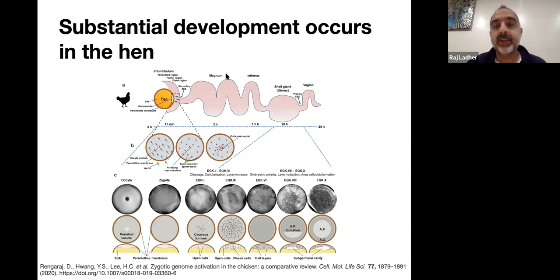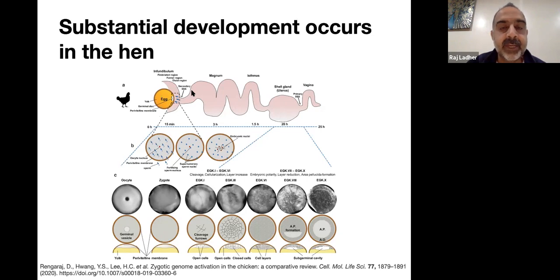Okay, the egg is generated, of course, in the ovaries. Fertilization happens, and then this egg passes down this very, very long ovarian tube.